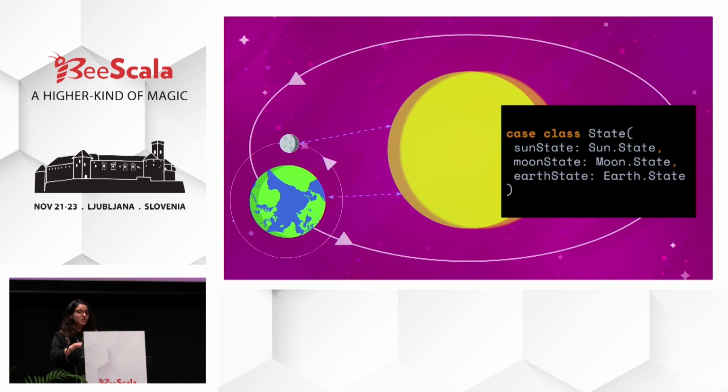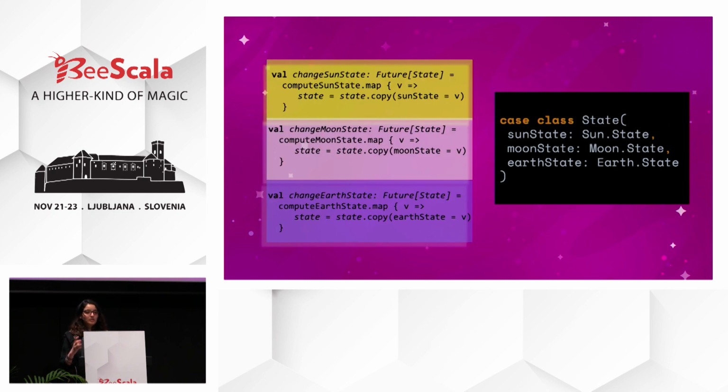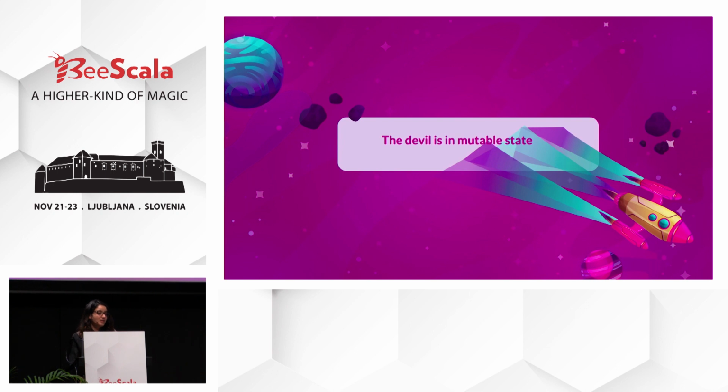So we will have a shared state that contains the sun, moon, and Earth states. When the sun wants to change its state, it gets the current state, computes the new state using the different components' states, and then at the end it updates the state.